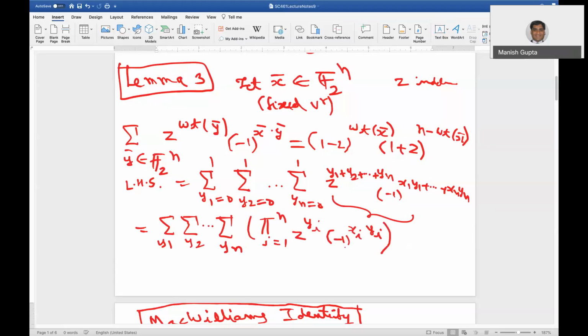Right? Now interchanging product and summation, this gives us product i is equal to 1 to n of summation j is equal to 0 to 1 of z raised to power j times minus 1 raised to power j xi.